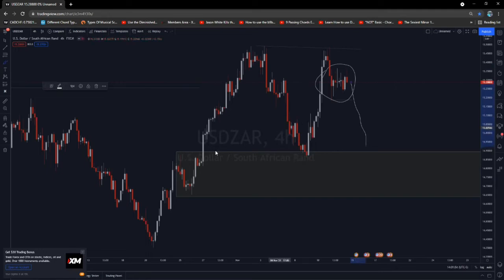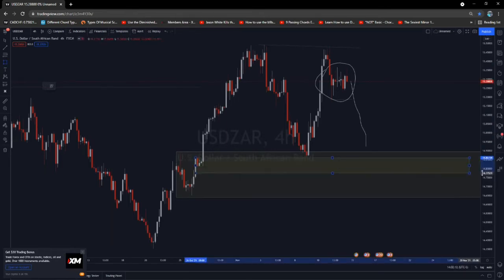So areas of potential demand is this one. The market has only retested this area once. And if it retests it for the second time, we should wait for a confirmation candlestick, right?